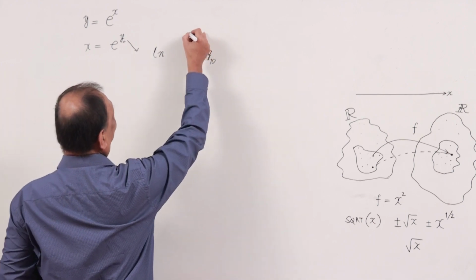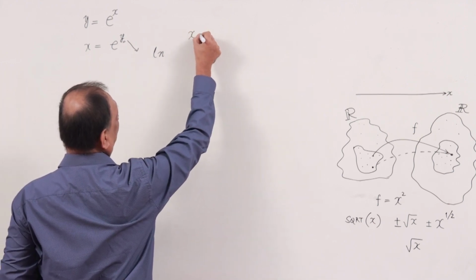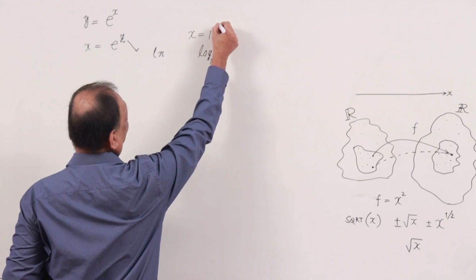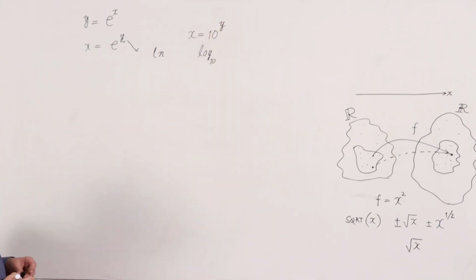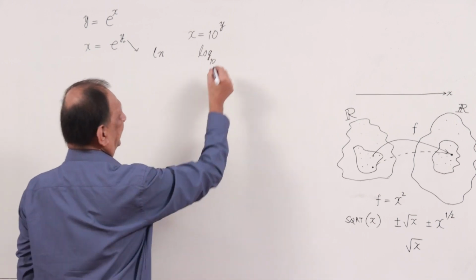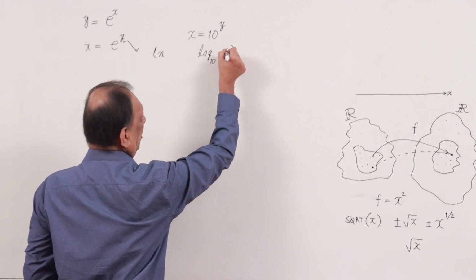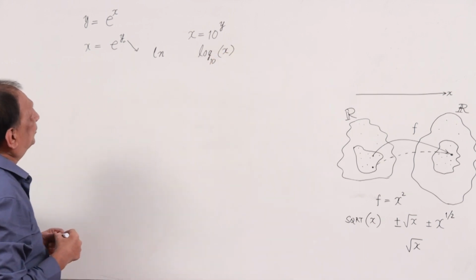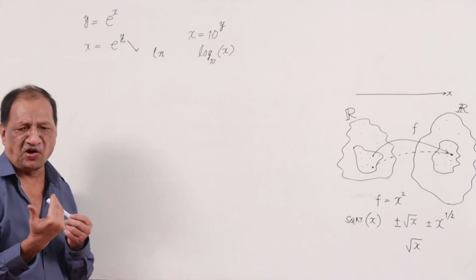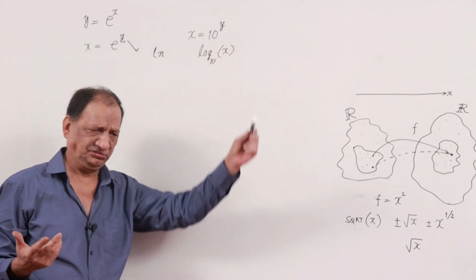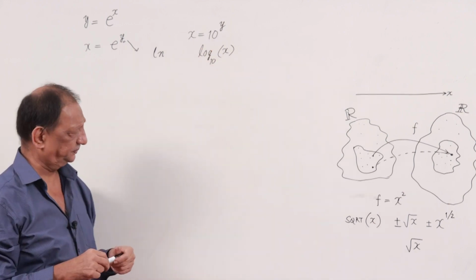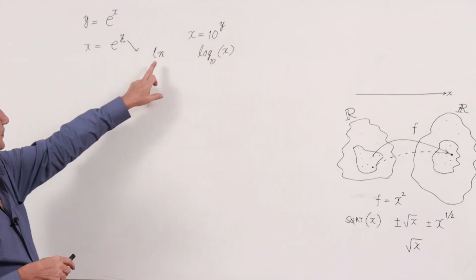What is log 10? If I have x is equal to 10 power y, then y will be log to base 10 of x. Correct? So log or logarithm is the inverse function of e power x or even 10 power x or any a power x. No? So ln is that function.